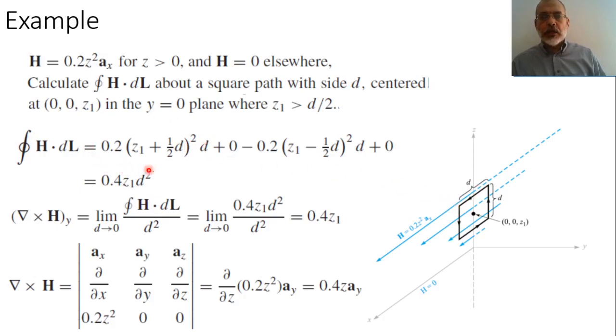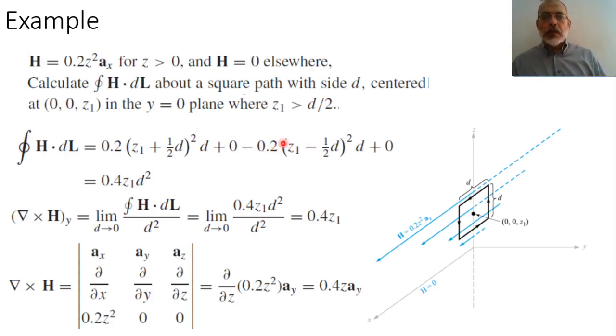So this is the magnetic field due to the upper arm, H dot dL. On the lower arm, the magnetic field is at z1 minus d over 2, and the direction of this arm would be negative x, with its length d, in the minus ax direction, so it would be minus.